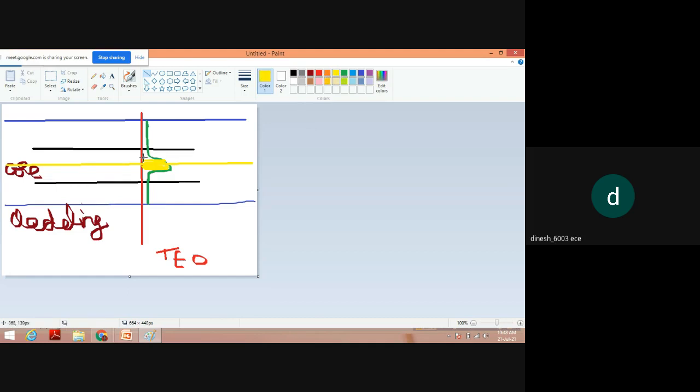A portion of the field pattern, or the optical wave, also passes into the cladding. You can see that. Just a minute, I'll show you that in yellow color.